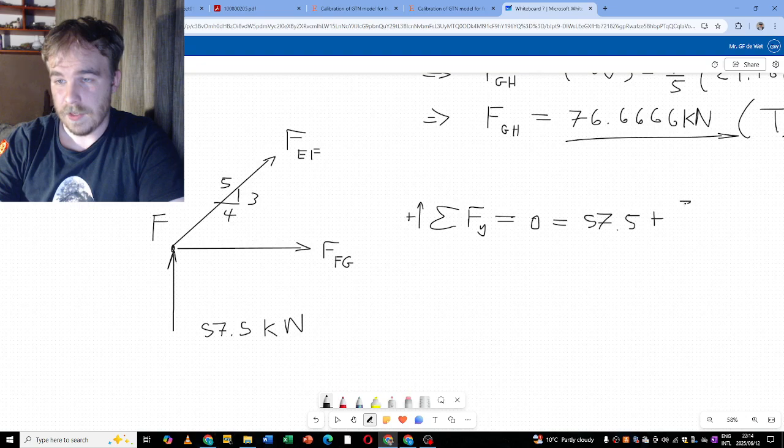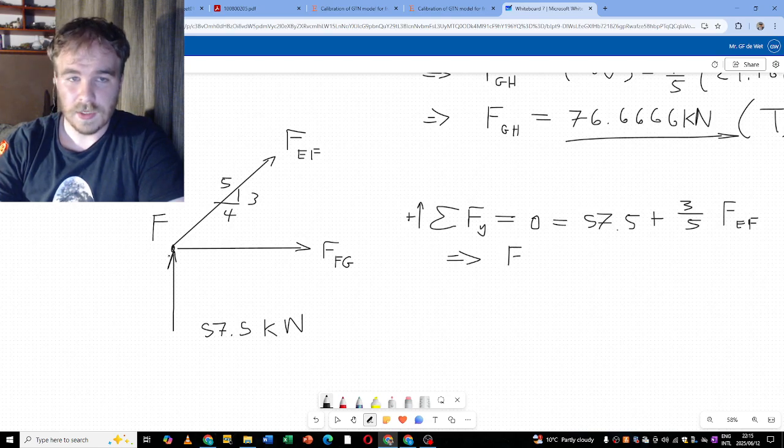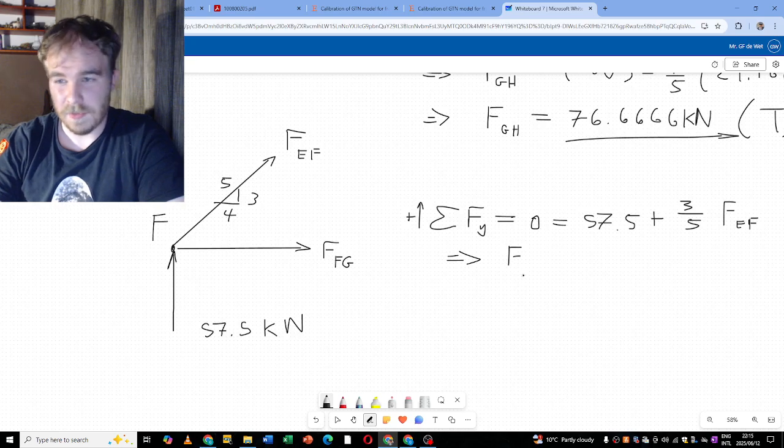So it is plus 3 over 5 FEF. Therefore, we can just write down the answer now. I can already see that it's in the wrong direction. It will be a compression force because this guy is pushing up and this guy is pulling up, and that cannot be.